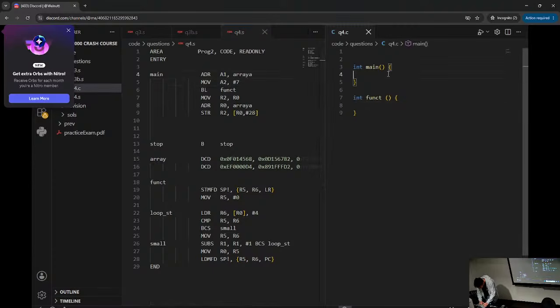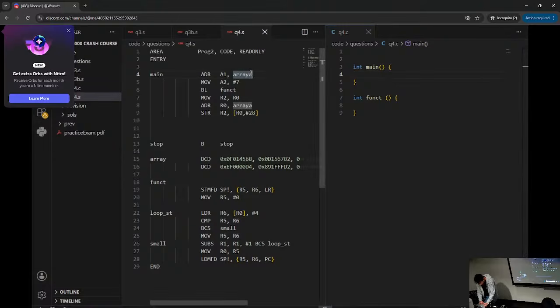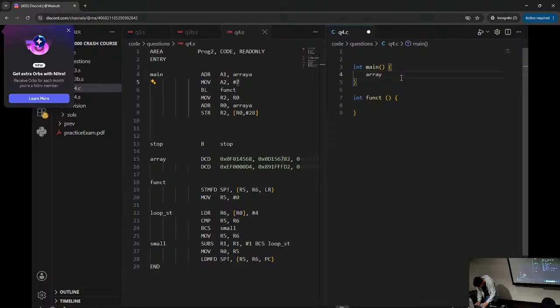So what does this look like? We're passing the address of array A, and we're passing in the number 7. So let's just say we have some array. Well, how do you do arrays in C? Something like that, right? Let's just assume this is filled.